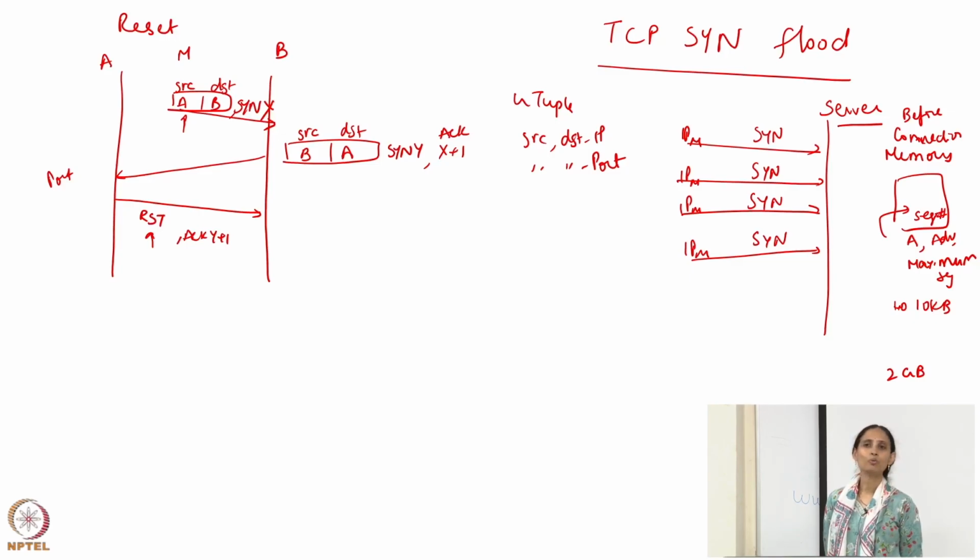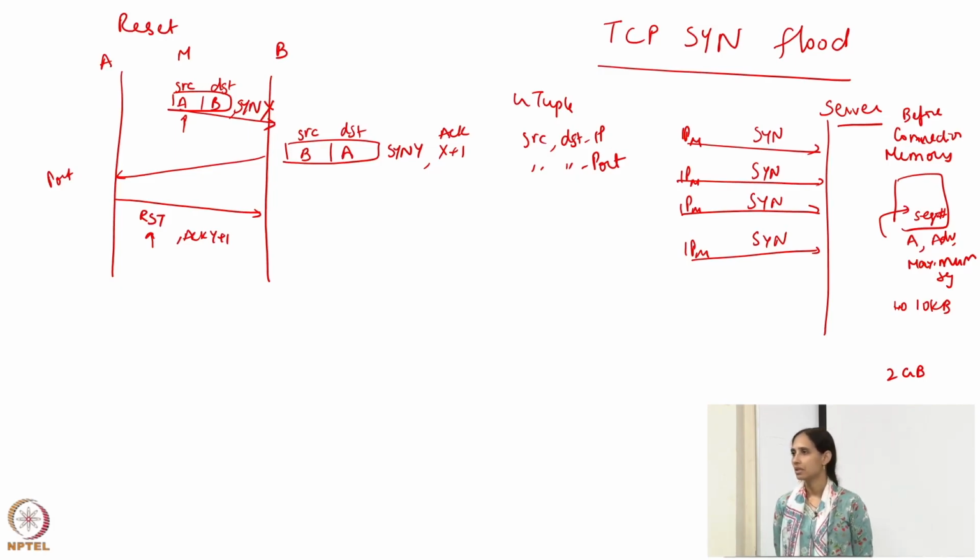Yeah, so you could do filtering based on IP. A lot of times these servers, if they are seeing a lot of SYN packets coming from a specific IP address, are just going to drop those particular packets. So, this attack is harder to succeed because you can use IP filtering.